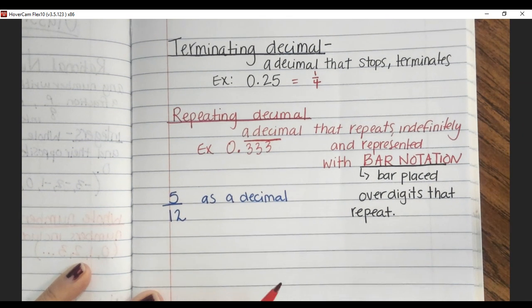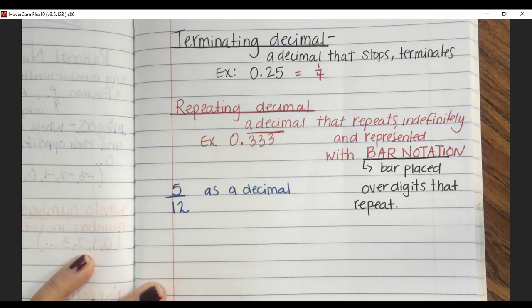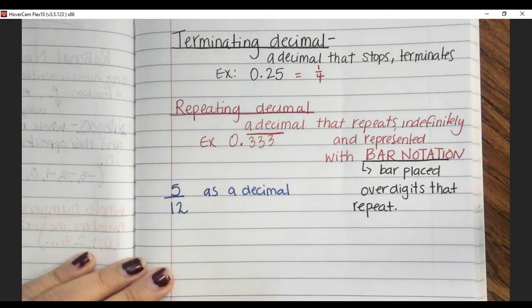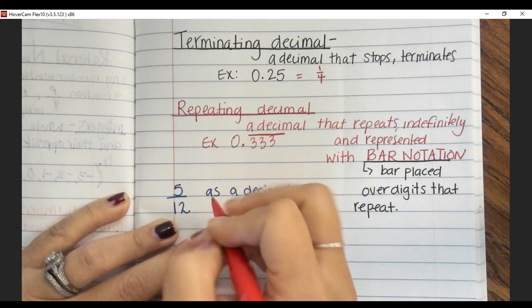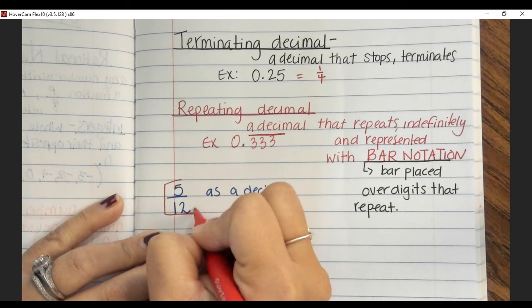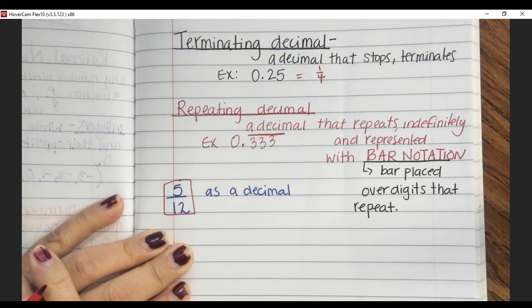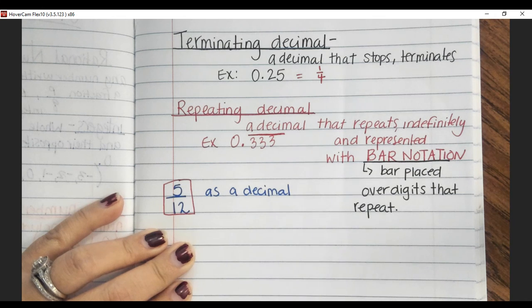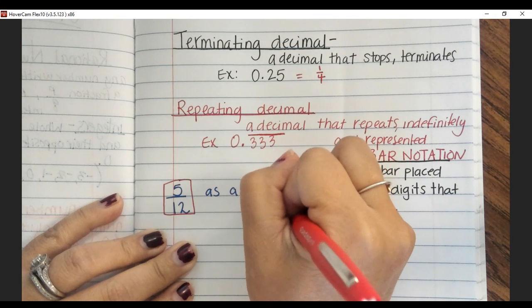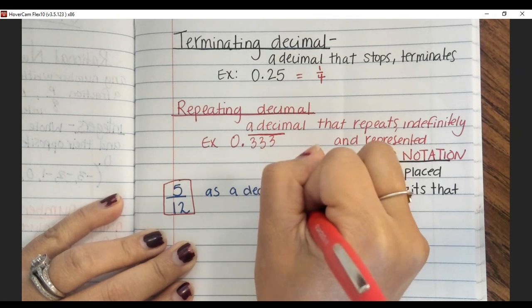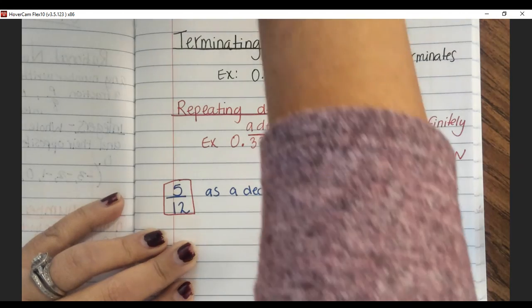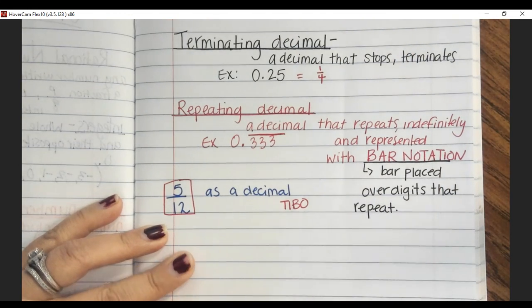So we're going to look at 5/12 here, and we're going to express 5/12 as a decimal. So remember we talked about whenever we're dividing fractions, or we're expressing them as decimals, we're going to use that TIBO acronym, which means top in, bottom out.